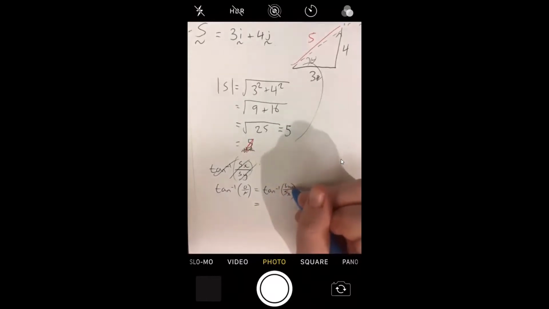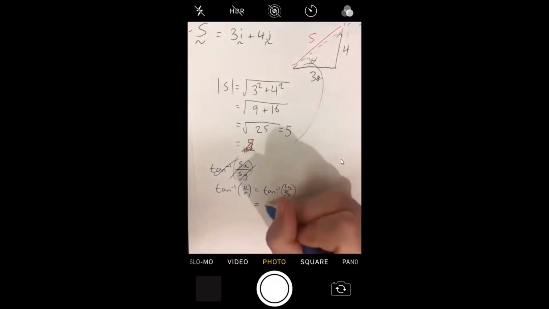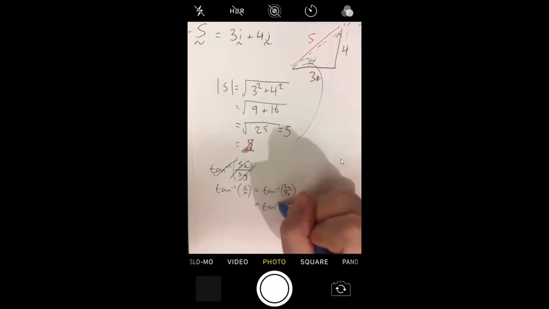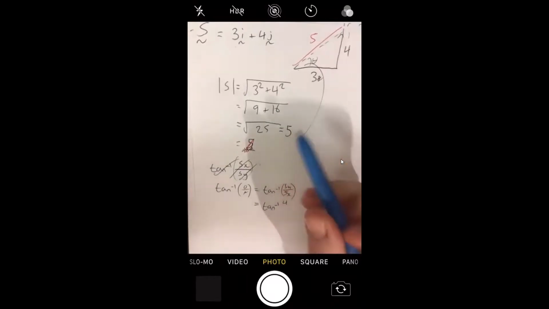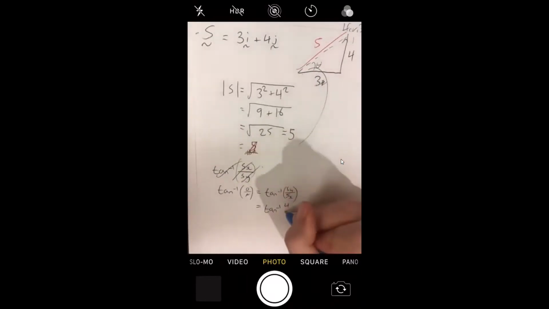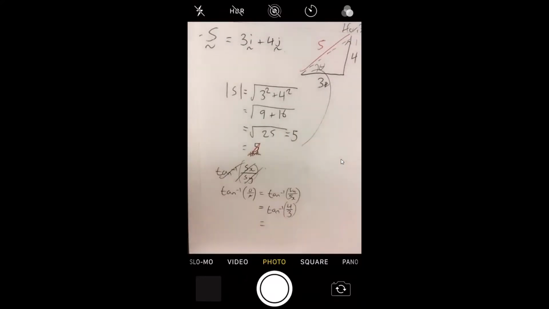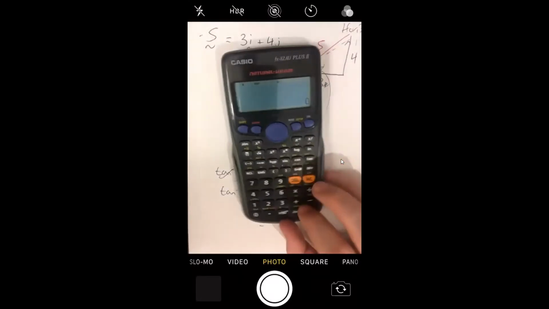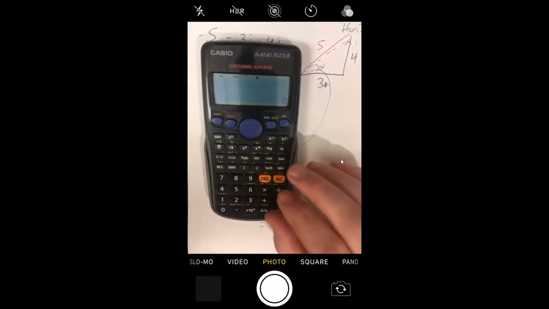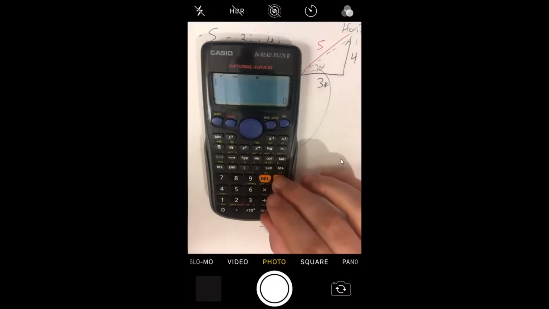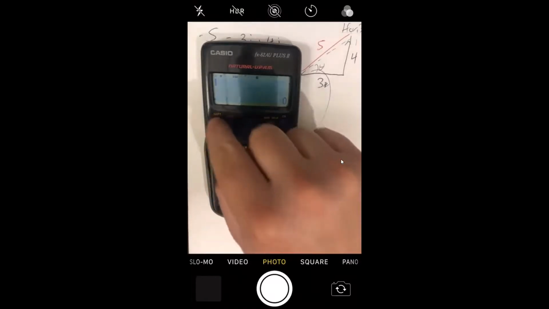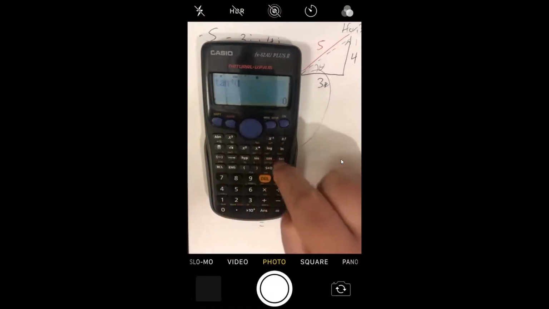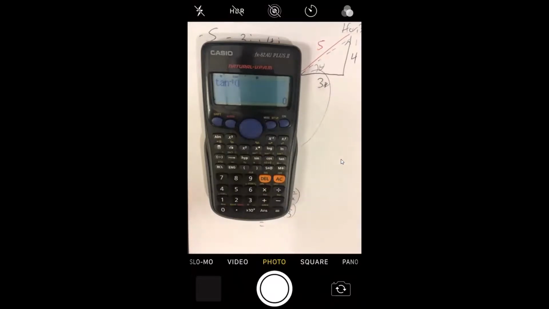In this case, S_y, the up and down, is 4, and the left and right is 3. So 4 over 3, how do you do that? Well, let's pop open a calculator. I'm going to go shift tan, so that's second tan.